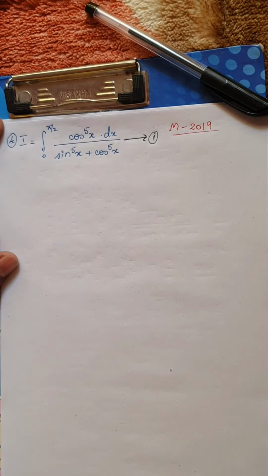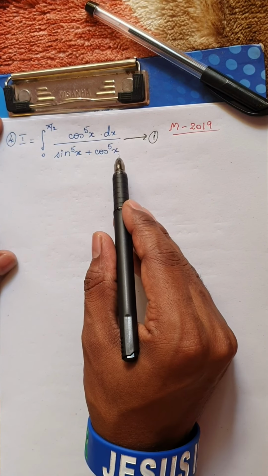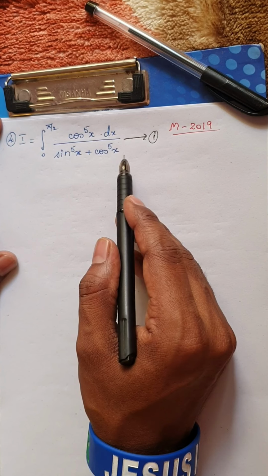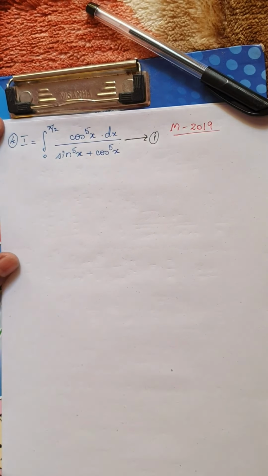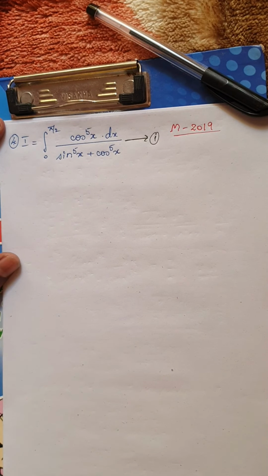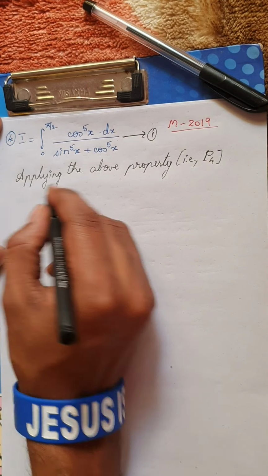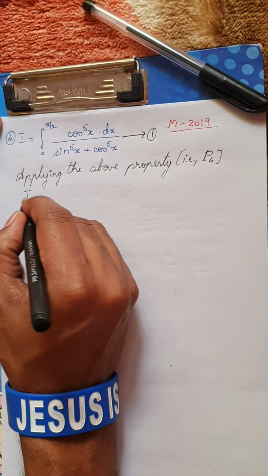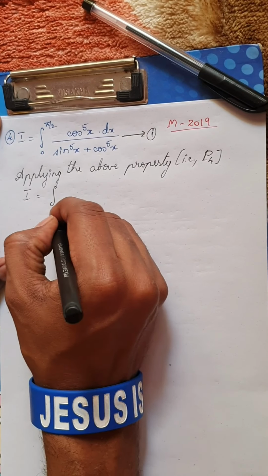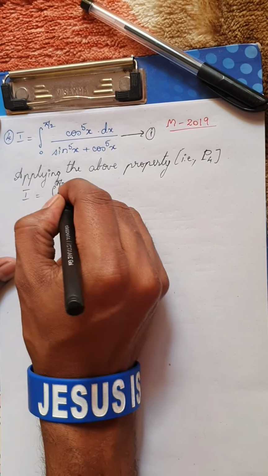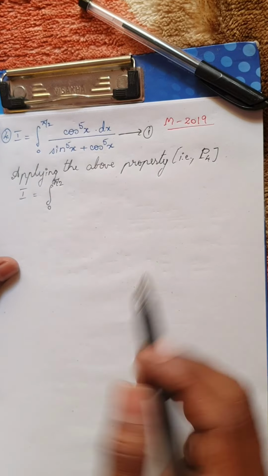Whatever the given integral is, I am going to consider it as equation 1, and as usual apply the property P4. Look at what happens if you apply P4 here. I is nothing but, as we do here, just replace x by a minus x. Here a is pi by 2.